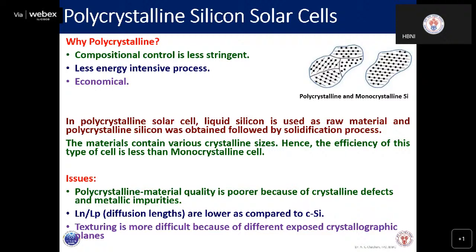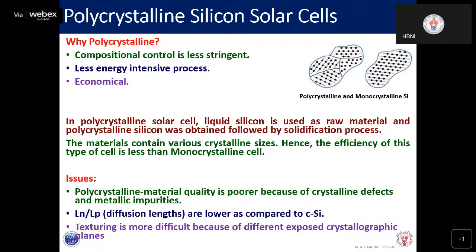Texturing in silicon is usually done by etching. But etching depends on which plane you are exposing to the acid.